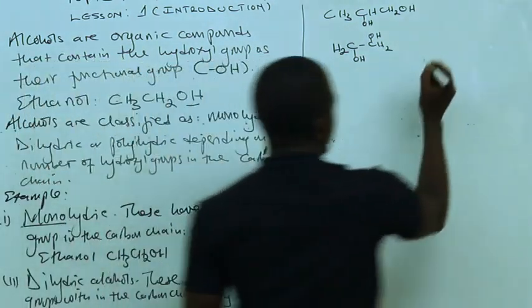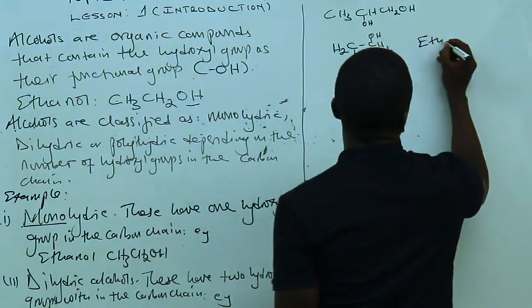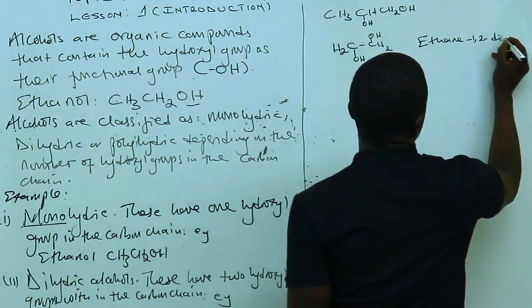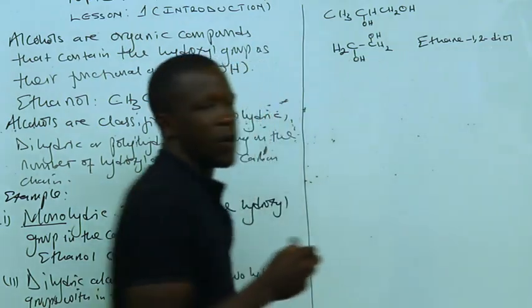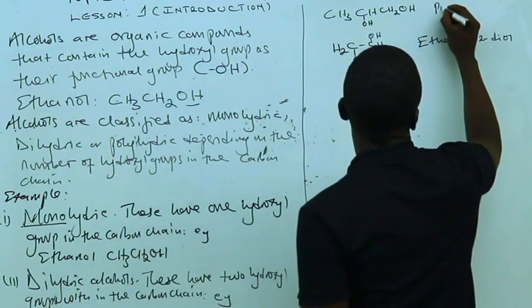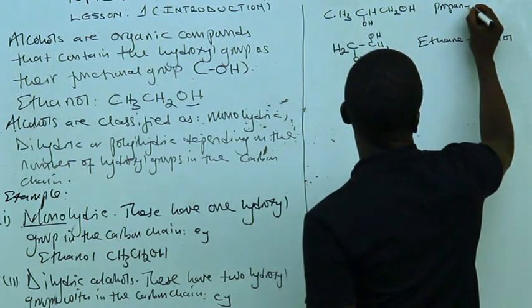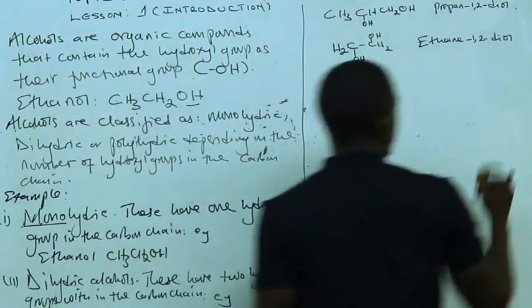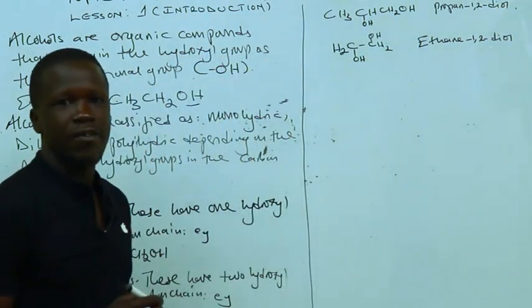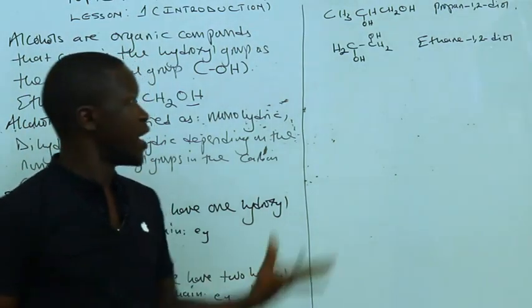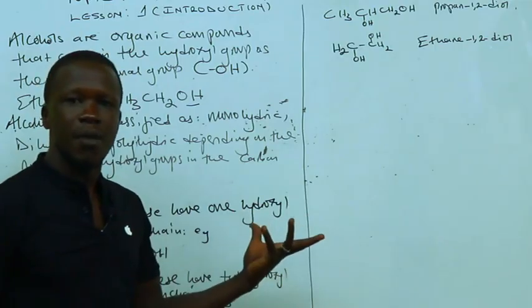We called this one ethane 1,2 diol. That is a common one. And then this one would be propan 1,2 diol. These are dihydric alcohols because they have two hydroxyl groups attached onto the carbon chain.